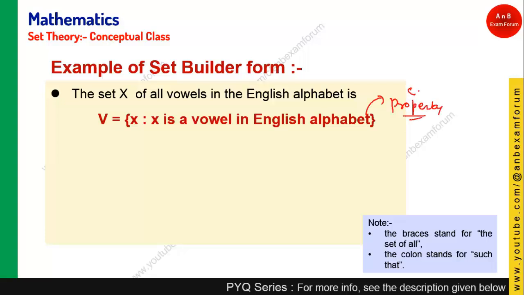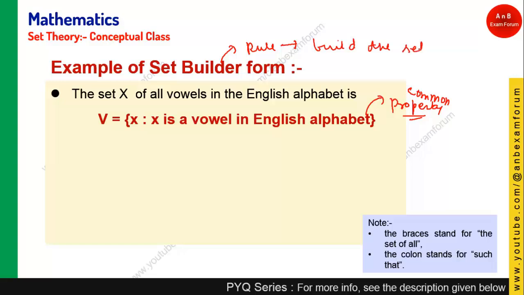The common property means all the elements which hold this property will come into the set. Basically, in the set builder you are making a rule with which you can build the set. That's why it is called set builder.